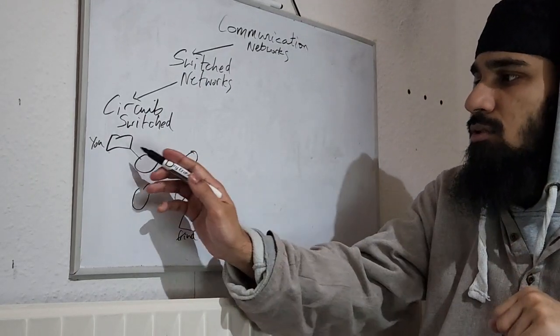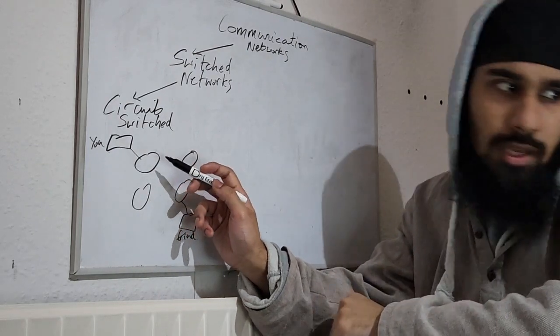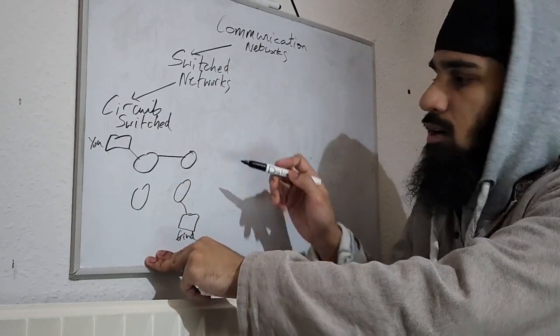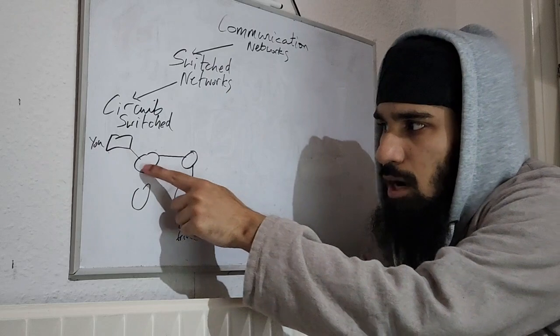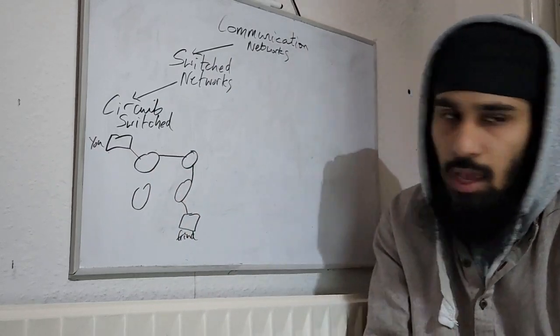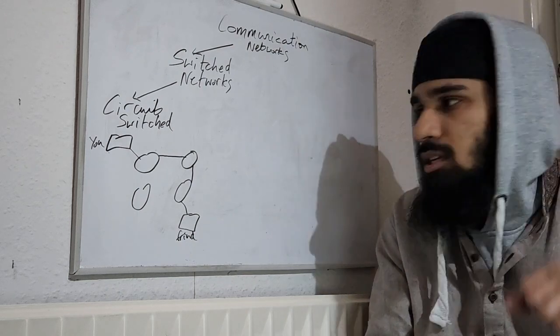So first you send your signal through this router, let's say, and then it'll go to this router, and then it will go to this router. So these routers are connected to each other, and they have like a dedicated resource.